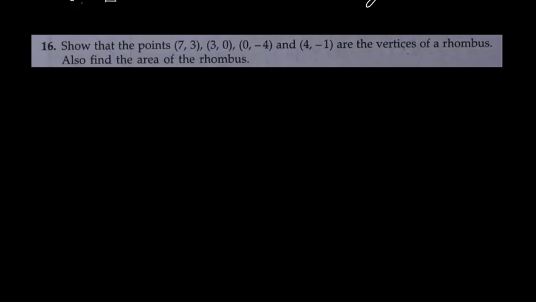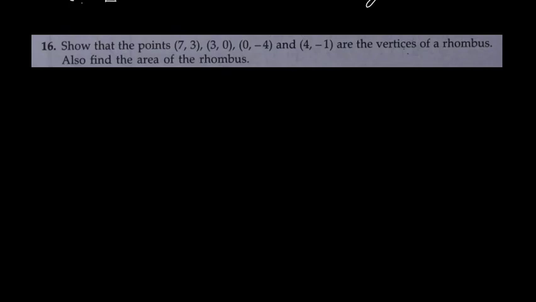Now, how do you show that these are the vertices of a rhombus? You have to show that all the 4 sides are equal in length and the diagonals are not equal in length. If all the 4 sides are equal and the diagonals are also equal, then it is called a square. So again find all 4 sides, where you will get the length of each side equal, and you will see that diagonals AC and BD are not equal, so then it is a rhombus.